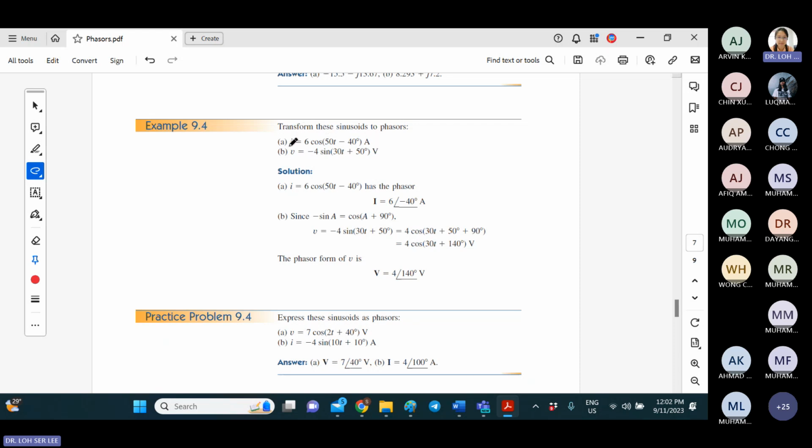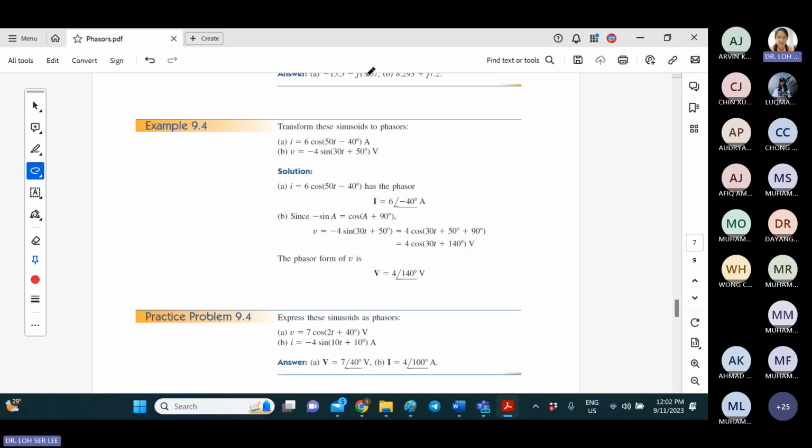This is lowercase i. i equals 6 cos(50t minus 40). Remember the table just now. When you have lowercase i, after you transform into phasors, you have this capital I, which is in bold. The phasors will be in capital.